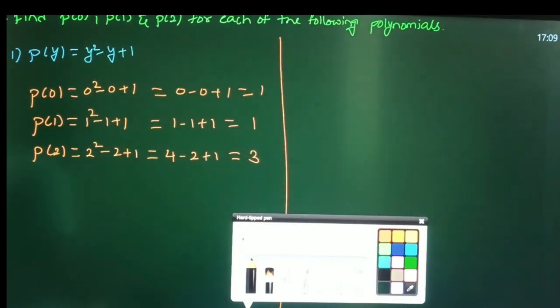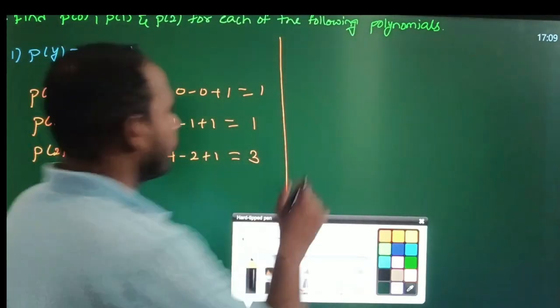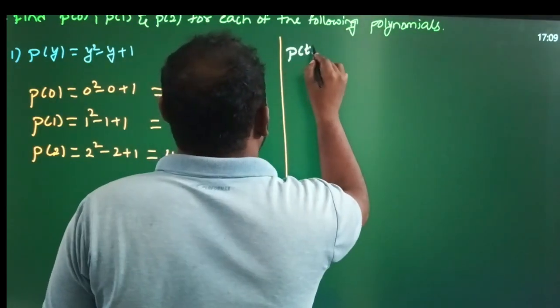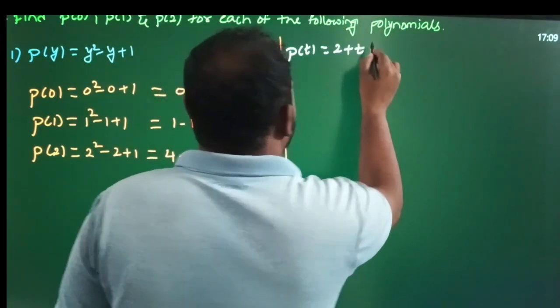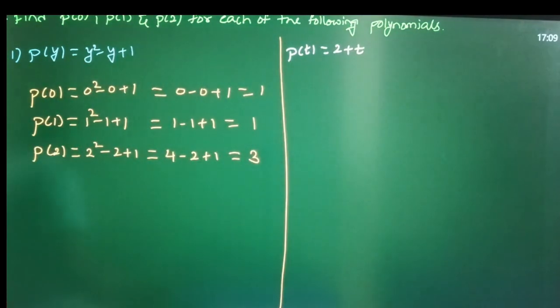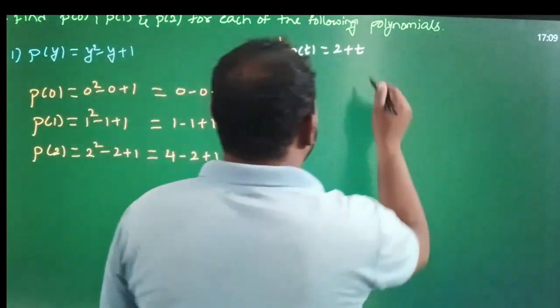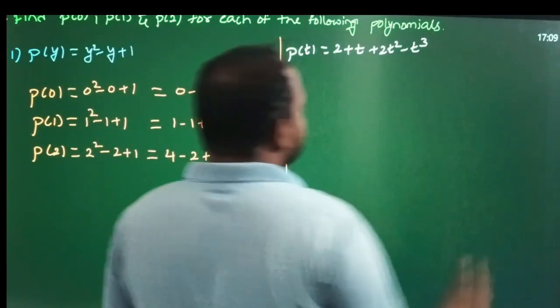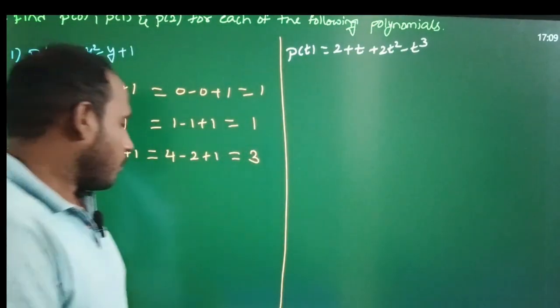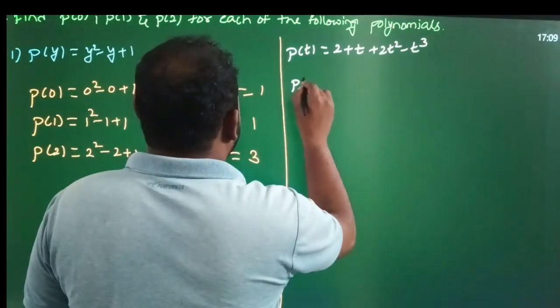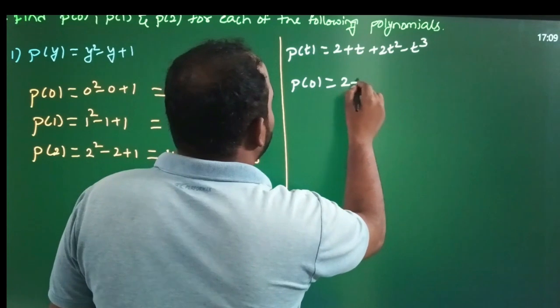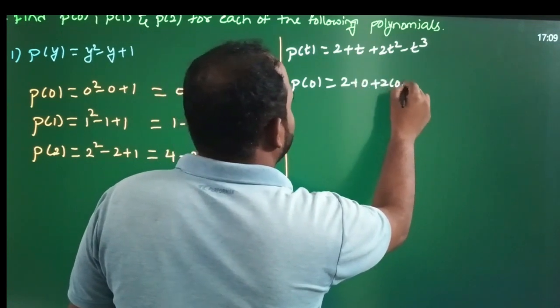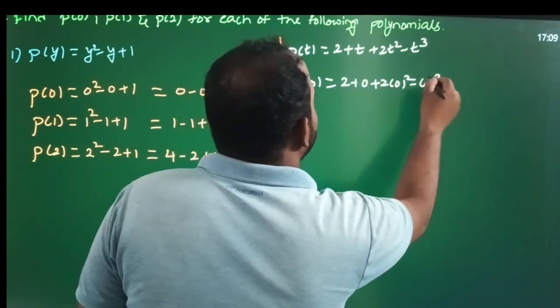Next one. P of t equals to 2 plus t plus 2t square minus t cube. Now, at t equals to 0, 2 plus 0 plus 2 into 0 square minus 0 cube.